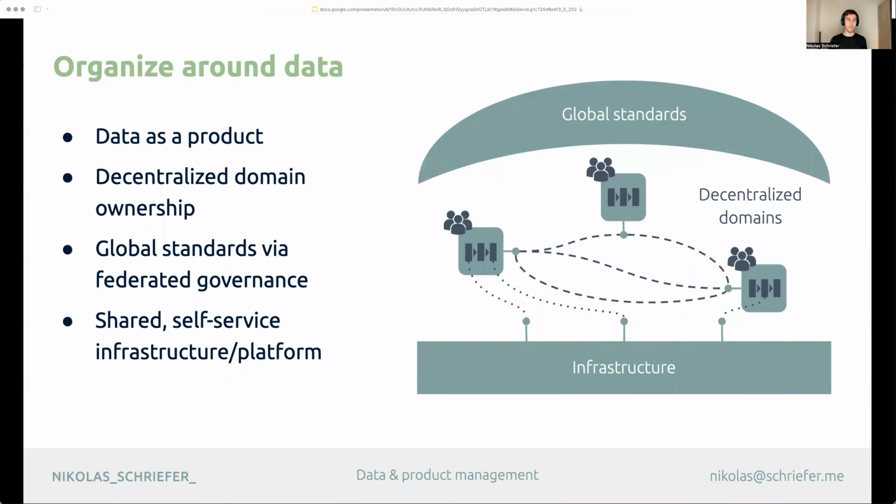And then, of course, being interested in what was happening generally in the world, we stumbled upon Zhamak Dehghani's article that she published in her role at ThoughtWorks at the time, I believe at the end of 2019, where she saw very similar problems and challenges with a lot of her mostly enterprise clients that she was working with.